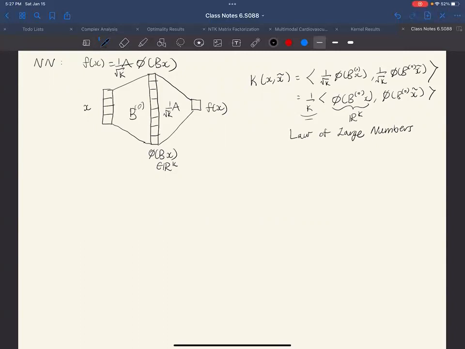And to make this a bit more precise, this notion where we consider neural networks where only the last layer is trained and everything else is fixed is called the neural network Gaussian process. In particular, it's called a Gaussian process because we're going to sample the B naughts from an IID Gaussian distribution.